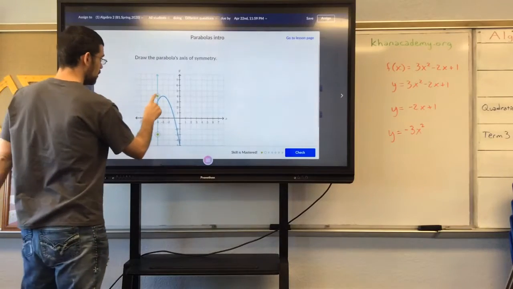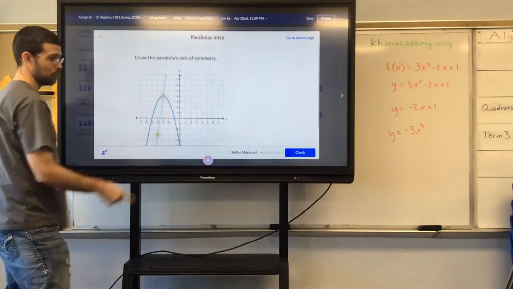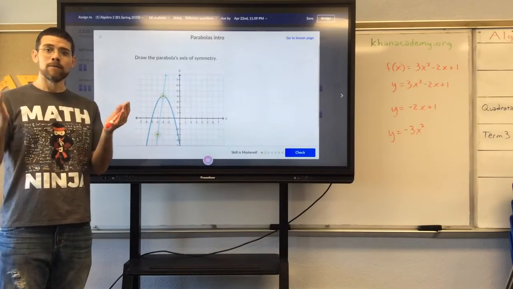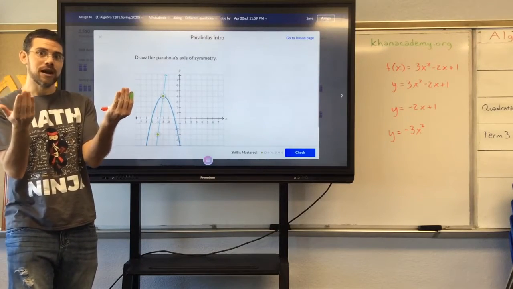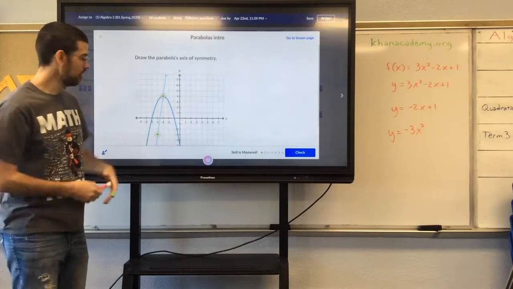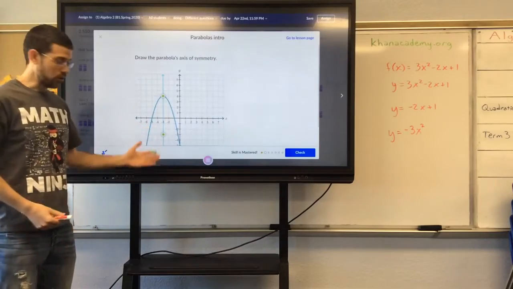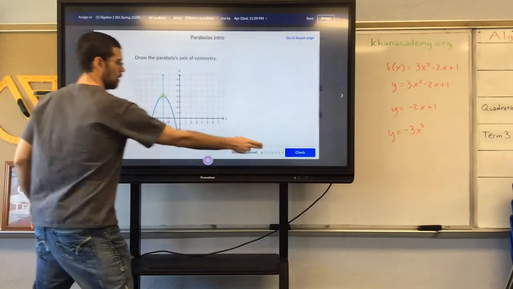That means we better put one of these points right on the vertex of the parabola, that maximum point or minimum point. That's the point where your symmetry happens, right? It's going to go down from it on one side and on the other. And it needs to be vertical because we're folding it over like so, okay?